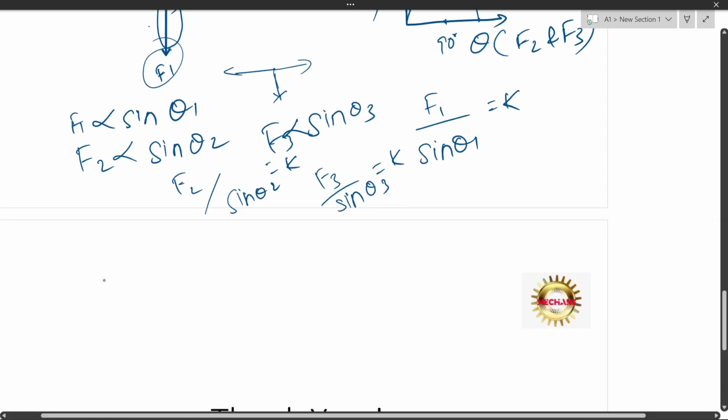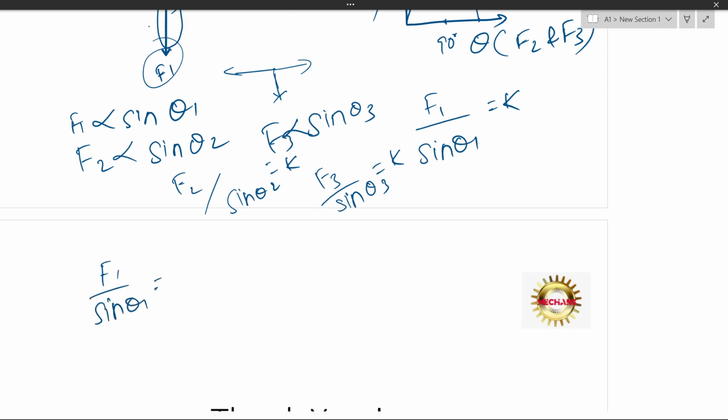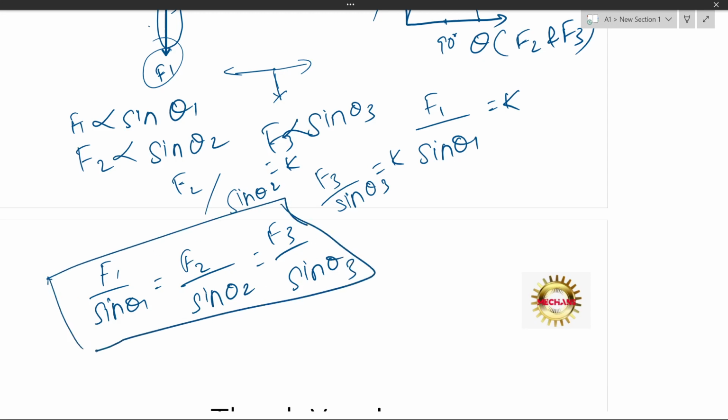And if you make it one term, F1 over sine theta 1 equals F2 over sine theta 2 equals F3 over sine theta 3. These three terms are equal to a constant value. So this is what Lami's theorem is about.